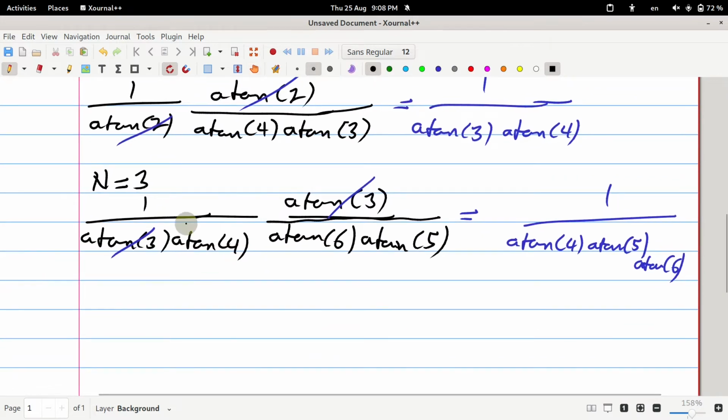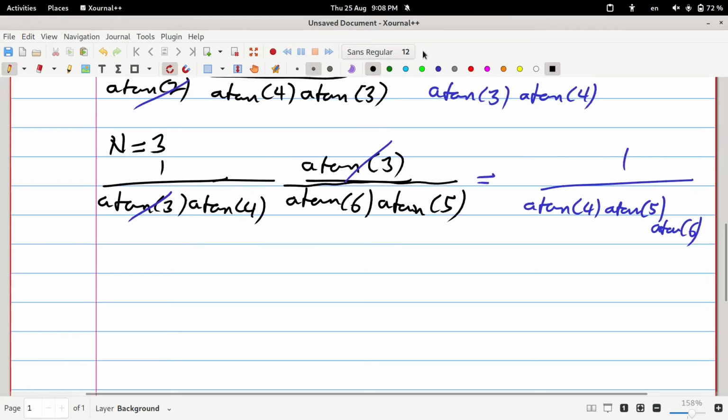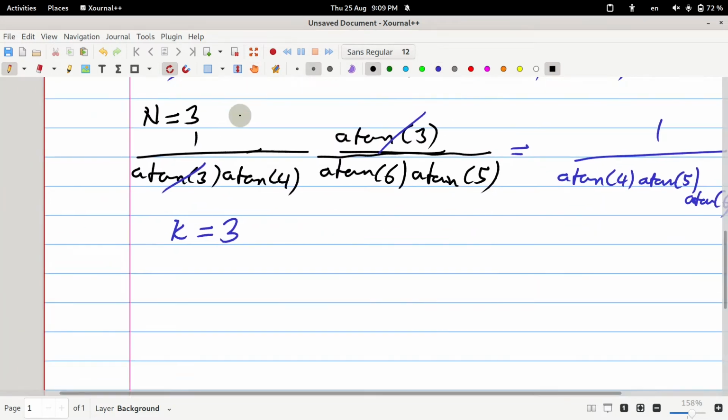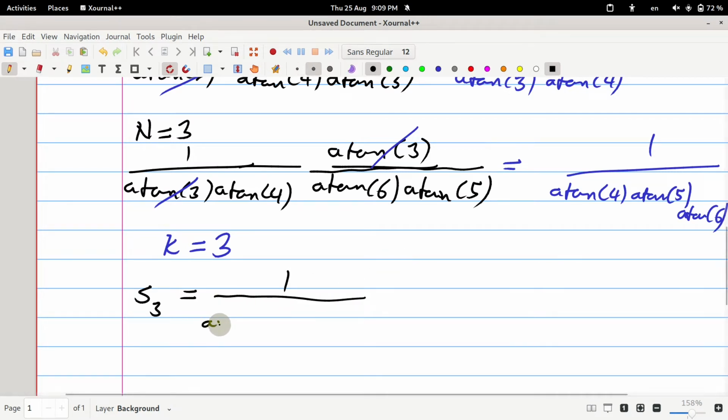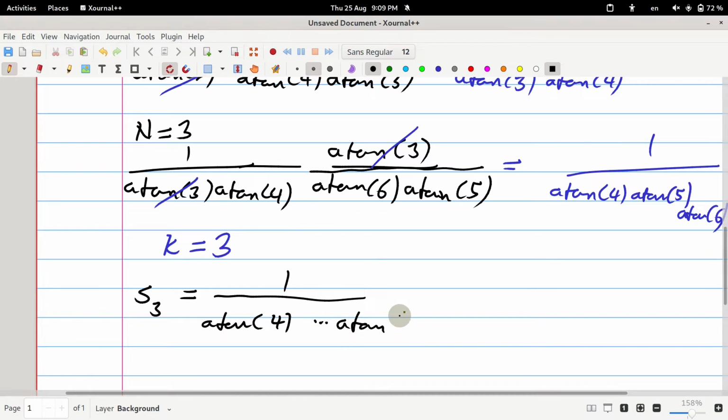We can pick any for our base case. We're just going to pick 3. So let's say we have a natural number k equals 3, where this holds true. Let's call this expression S3. That'd be 1 over a tan 4, a tan, just multiply it all the way up to a tan 6.